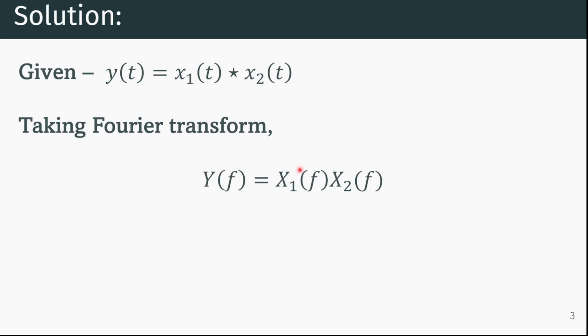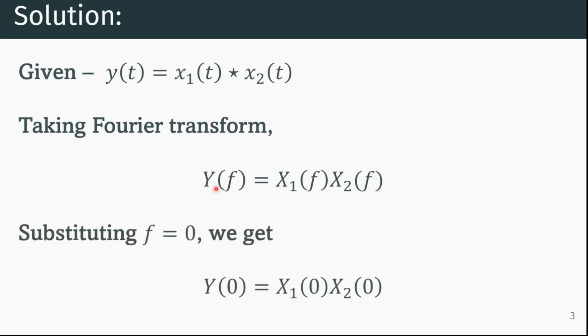So if x1 of t has X1 of f as its Fourier transform and x2 of t has X2 of f, then the Fourier transform of y of t, Y of f, should equal the product of X1 of f and X2 of f. We are interested in the area of y of t, which is the Fourier transform Y of f evaluated at f equal to 0. Substituting f equal to 0, we get Y of 0, which is X1 of 0 times X2 of 0.